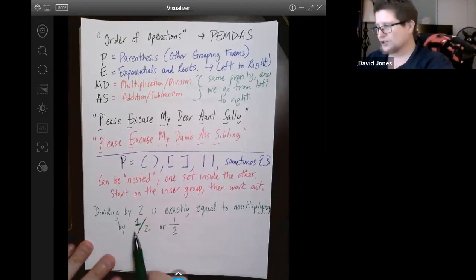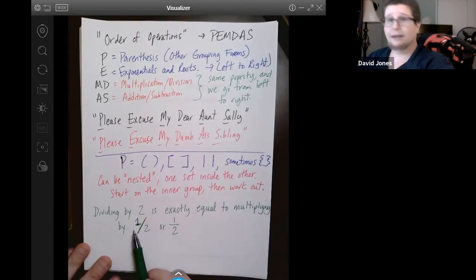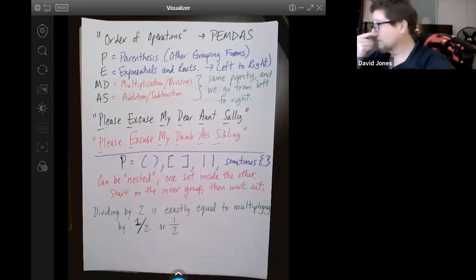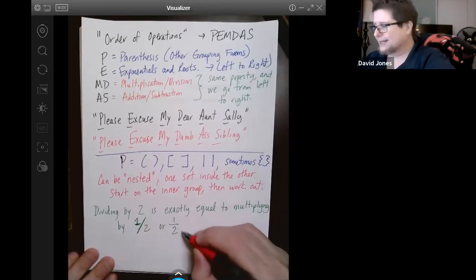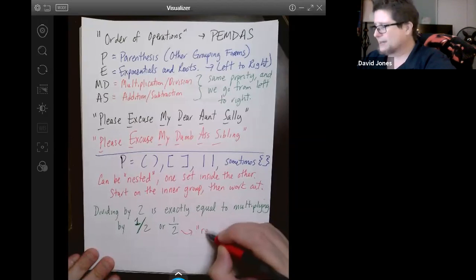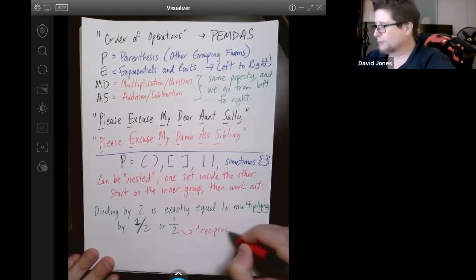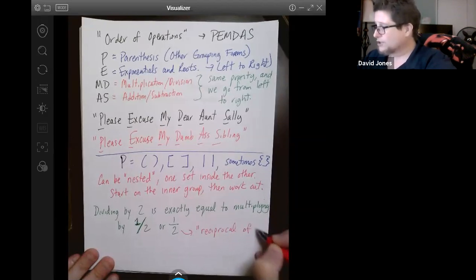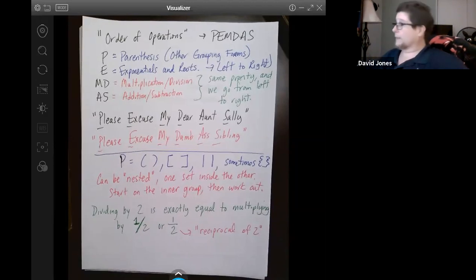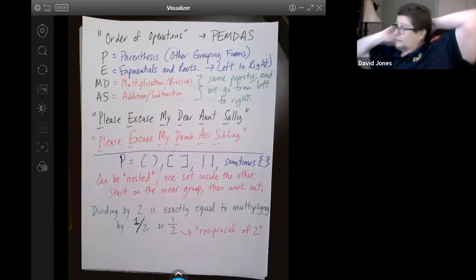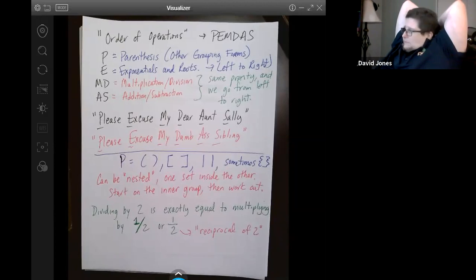Sometimes I use this just to make sure it doesn't look like an I or an L. I think it's a little bit clearer. 1/2, when you take a number and you flip it over like this, is the reciprocal of 2. We'll cover reciprocals more later, but just hit you with some info now. Pause and take the notes you need, then we'll do some examples.